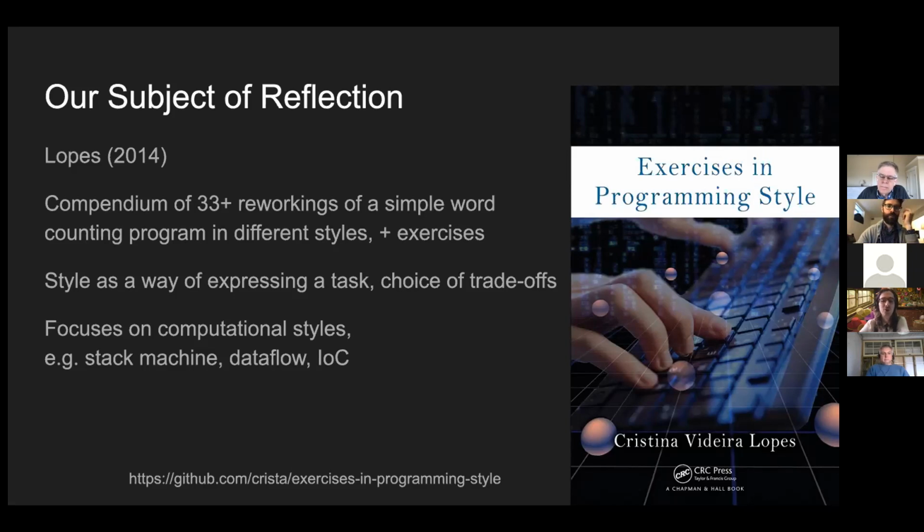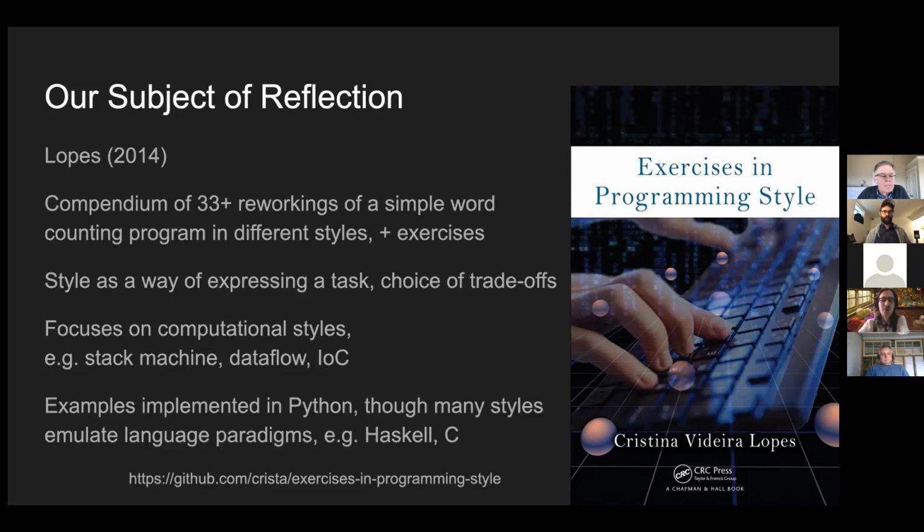There is one using data flow programming, one representing inversion of control, and so on. So even though all of these samples in the book are implemented in Python, many of them actually emulate different paradigms that we associate with particular programming languages, such as Haskell and C. And in fact, Lopez argues that there is a sort of a continuum between stylistic choices that are embedded in programming languages and ones that we make within one language.